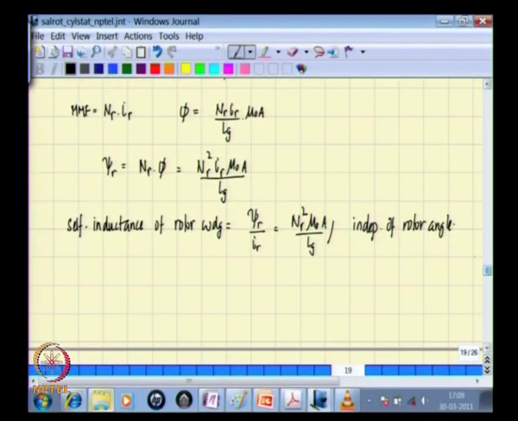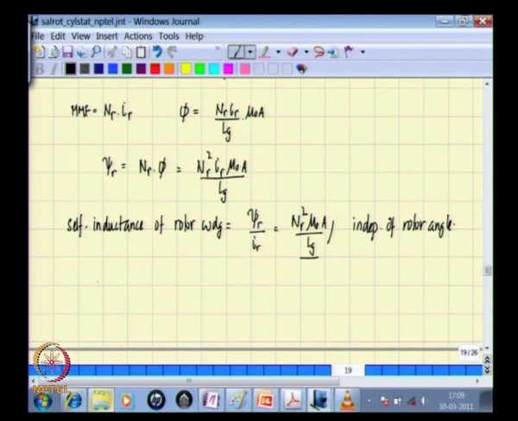And why is the air gap the same irrespective of the angle of the rotor? That is because the stator is cylindrical. If the stator were not cylindrical, then as the rotor rotates, the air gap could change from one angle to another. So, we have determined the self inductance of the rotor winding.